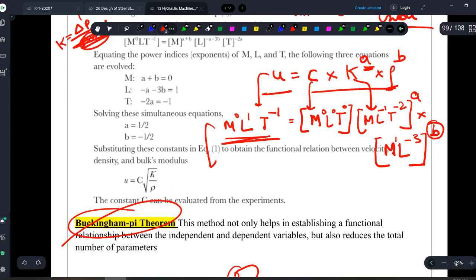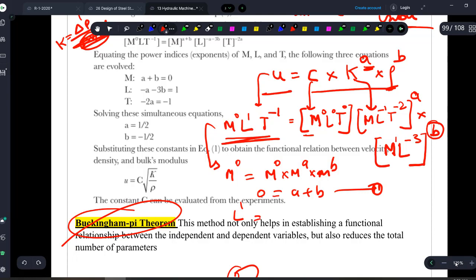So you can write this in simple language. M to the power of 0 equals, on the left hand side, M to the power of 0 into M to the power of a into M to the power of b. So I can write 0 equals a plus b. This is my first equation. Agreed or not? So what will the second equation be?